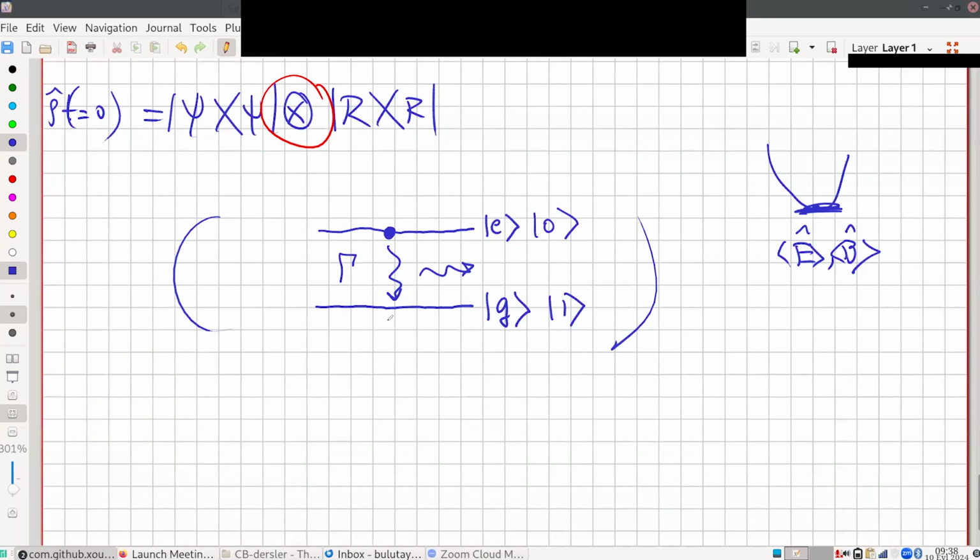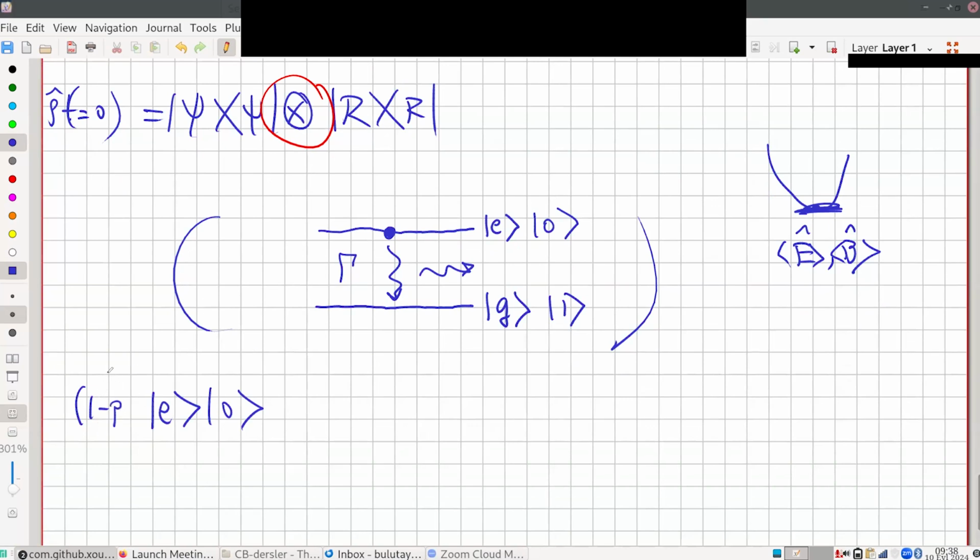What we have is a state like this. You are either in the excited state and there are zero photons in the universe with this non-decay rate. Let me call this P, so probability is the square of this.